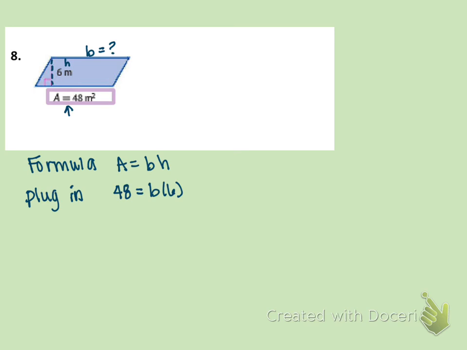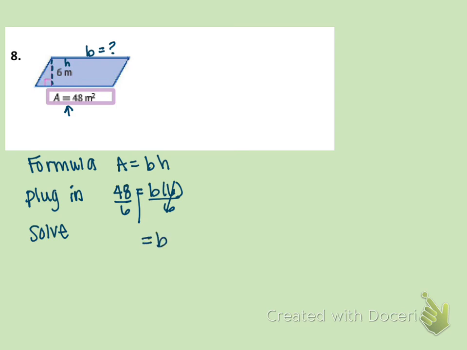Okay, so then here we have our last step, which is to solve. So b times 6 is multiplication, so our inverse operation would be to divide on both sides. 6 divided by 6 is 1, and 1 times b is just b.